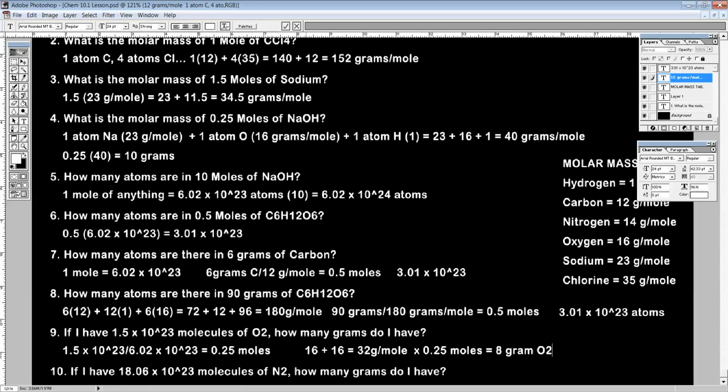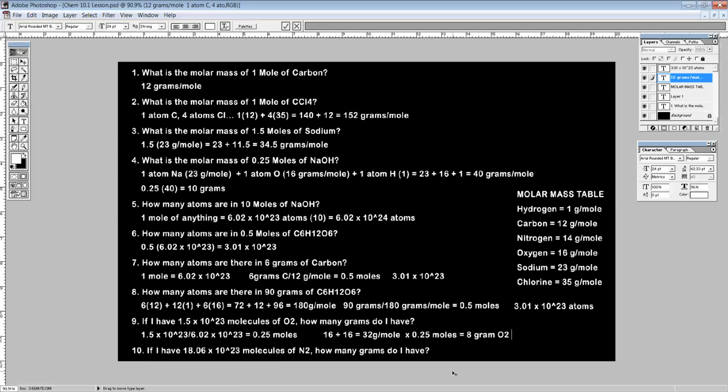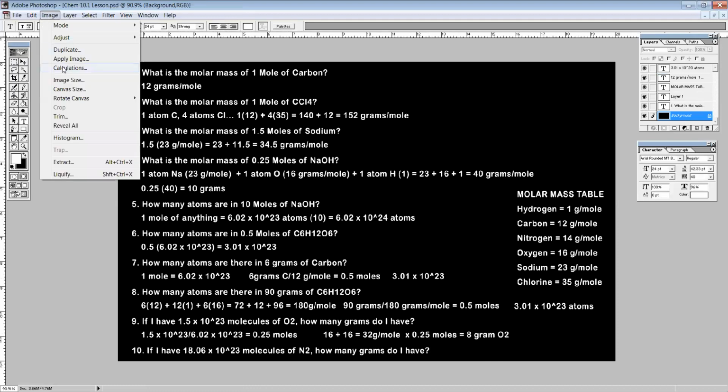Good. Now, here we have run out of space, and let's see how we can do that. All right, just a second. Let's go to the background, the image.